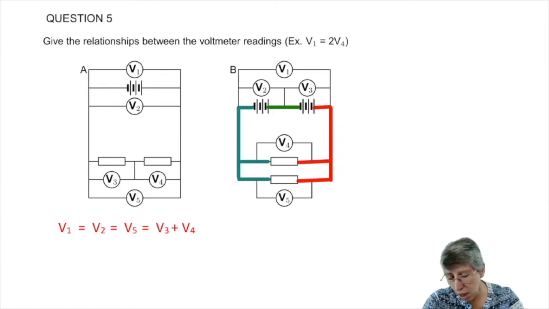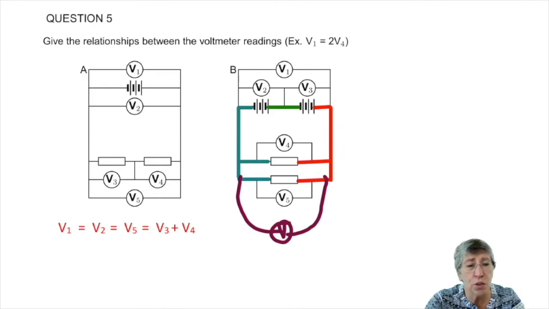So even if there's no voltmeter over there, you can just add your own if you want to, to remind you. And that one will have the same reading as V1 because whatever you put in, you must be using. Then you have to remember that when things are in parallel, the voltage over the top and at the bottom and over the whole parallel combination will be equal.